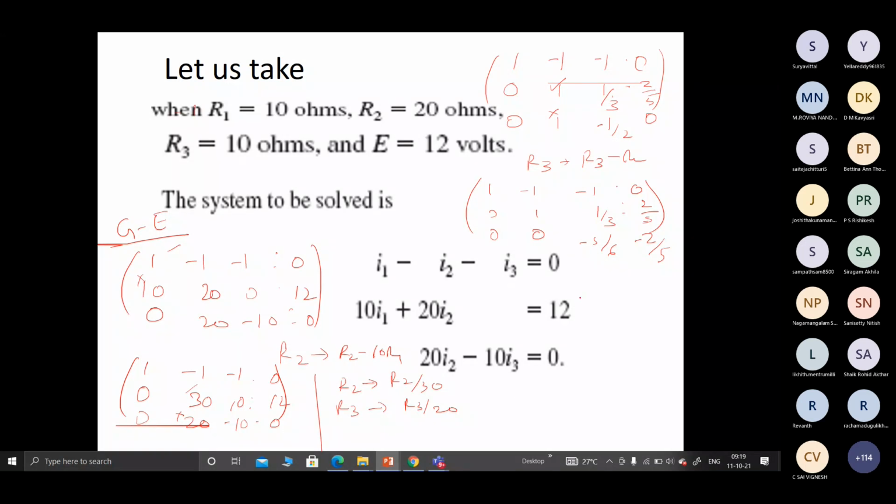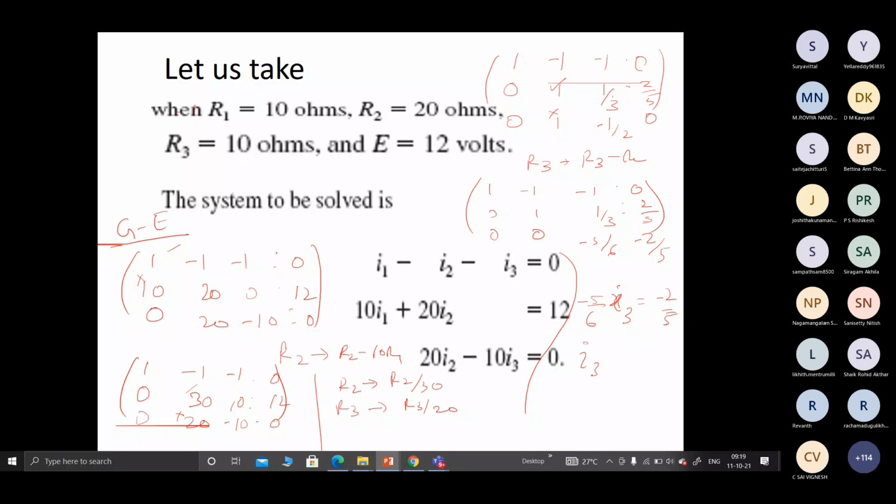So write the solution. What is the solution? Minus 5 by 6 I3 equal to minus 2 by 5. So what is this now?